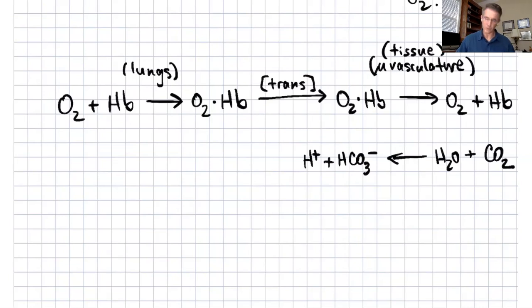It turns out erythrocytes, your red blood cells, are packed full of a certain enzyme called carbonic anhydrase that dramatically speeds this up. But the whole point is that the CO2 being produced as a consequence of peripheral metabolism is turned into bicarbonate and a proton.